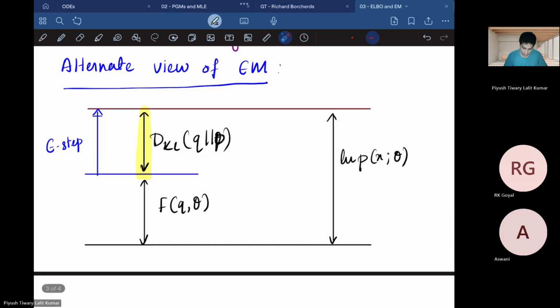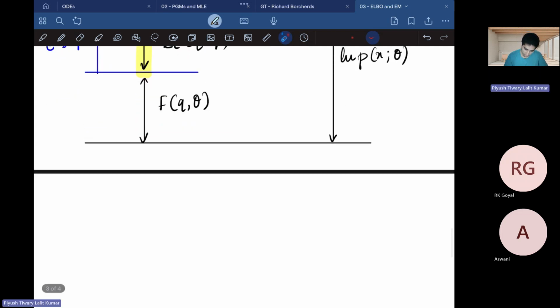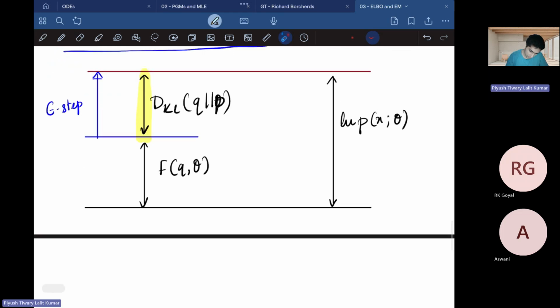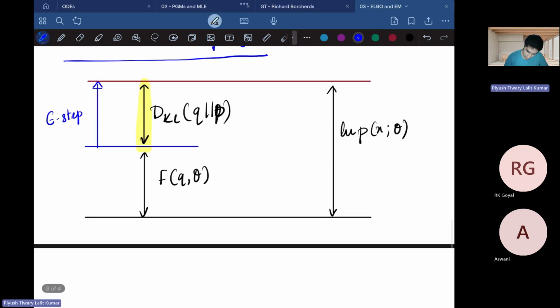So after the E step, this whole thing will become f of q comma theta. The KL divergence, this D_KL, will become equal to 0. This is basically your E step, okay?